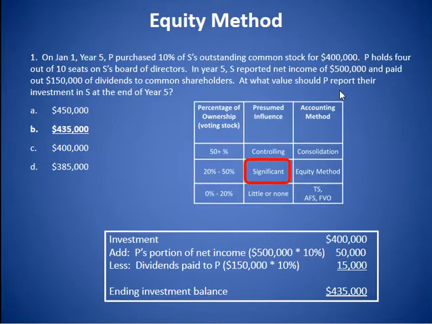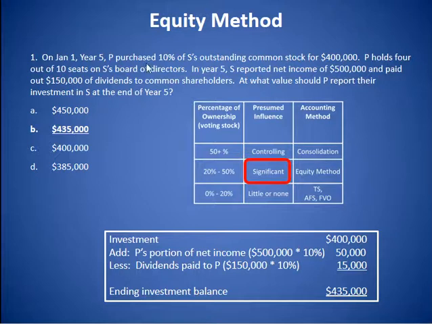What value should P report their investment in S at the end of year 5? And the answer is B, $435,000. Now, I've reproduced the guidelines for accounting for ownership interests in subsidiaries.